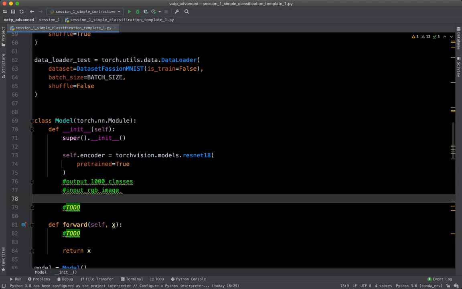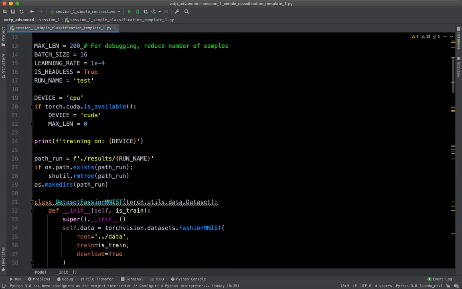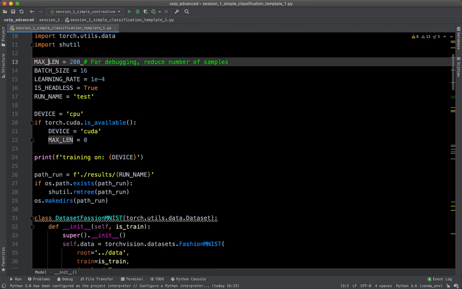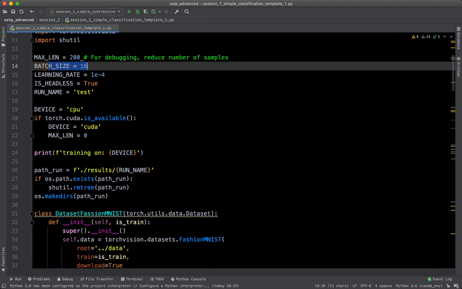One thing I will also do to help those of you who cannot get along so fast: I will drop some screenshots in the Jamboard so that later on you can catch up. But let me show around. Here at the top I made some debugging options, like the maximum length of the dataset. My computer is quite an old MacBook, so I cannot run the GPUs properly. I usually run them on clusters, or you can use Google Colab. Then the batch size, the learning rate, and the headless option.